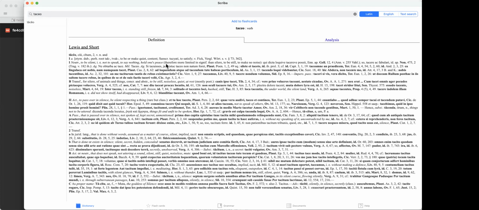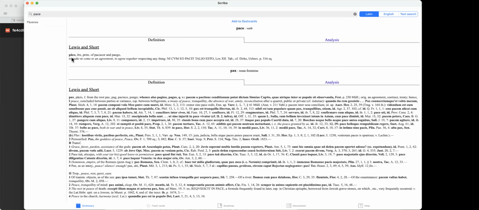Oh, pacte? Yes, that's pacte. Okay, sorry, the writing is kind of small for me to see on a phone. Pacte is from paciscor, to come to an agreement with.